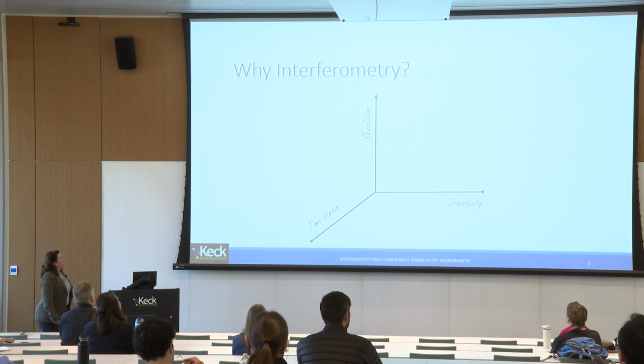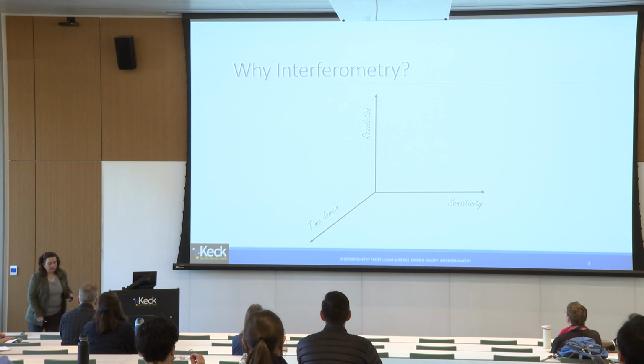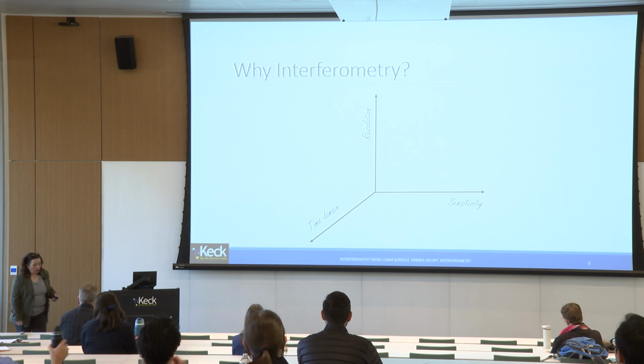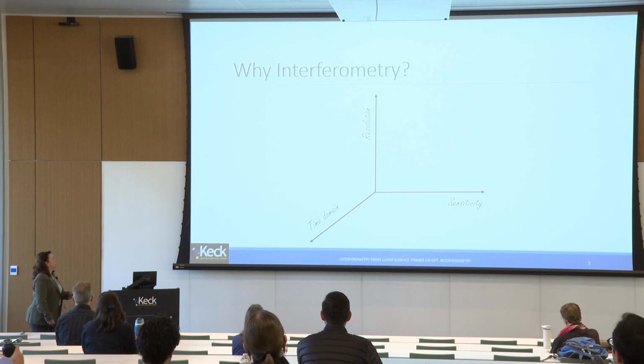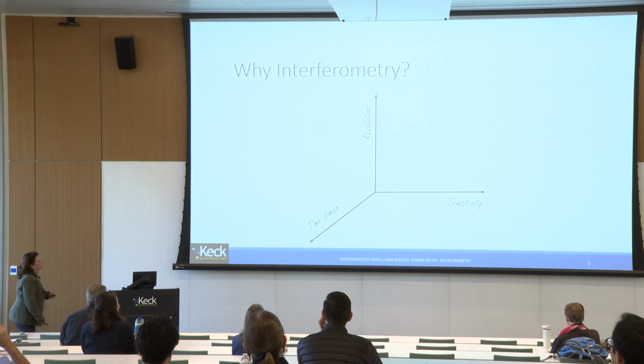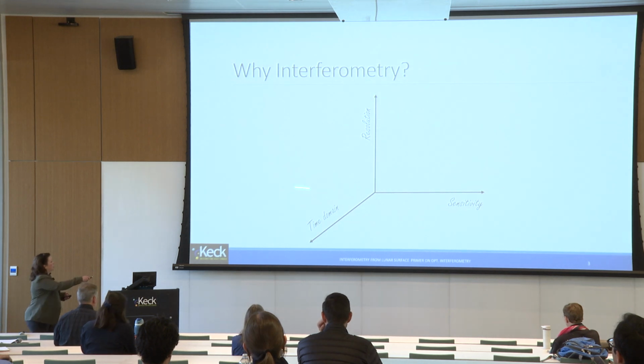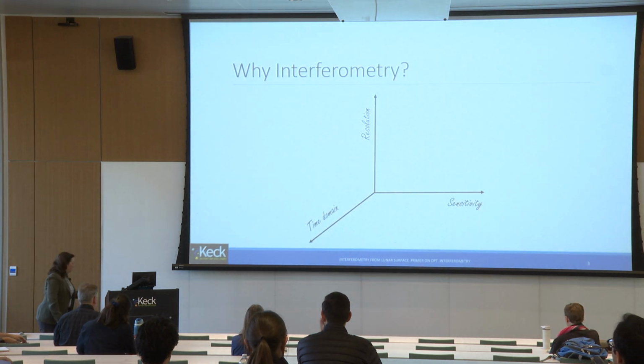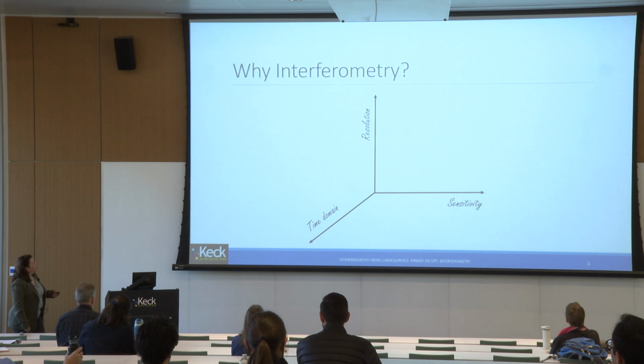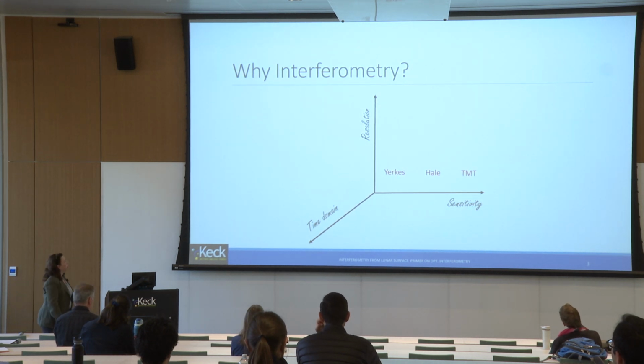So when I start out thinking about astronomy, there are lots of different things that drive what we might want to do as astronomers. And astronomers get together in a room and they hotly argue these axes that I've chosen here. So sensitivity, resolution, and time domain. And you can put different things on them depending on what time period you want to think about and what kinds of sensitivities, for instance, you're interested in.